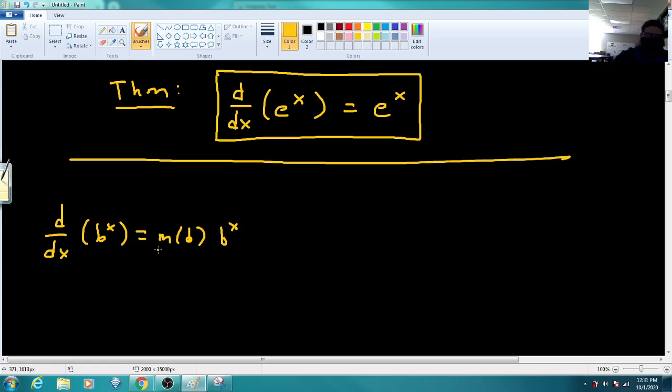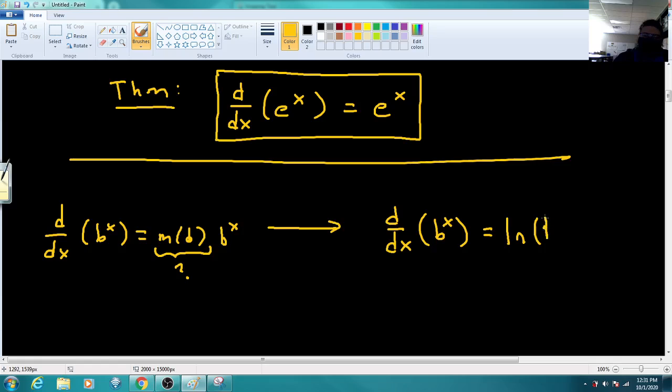The book isn't really clear as to what this m is. It has us investigate and plug in some numbers, but I think in section 3.9 they eventually tell you what it is. So instead of leaving it mysterious, we'll use the 3.9 equation. It turns out d dx of b to the x is natural log of b times b to the x.